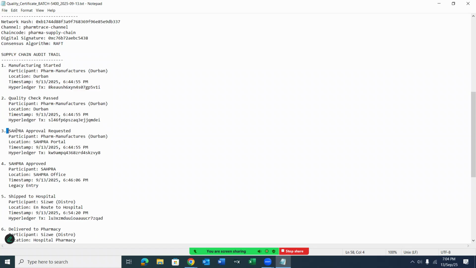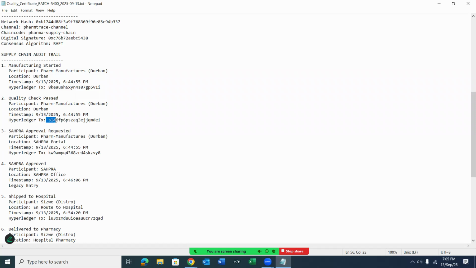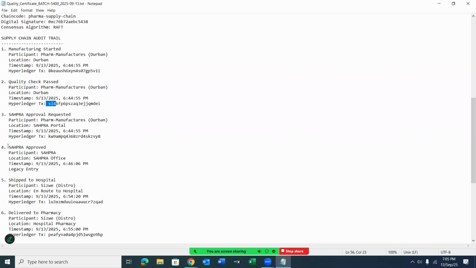Then step number 3, we have SAPRA approval requested. And then that information again is also hashed and compiled in that hash by the blockchain system. So meaning that this is the hash for this information, which also links back to this previous hash. And then now the next step, SAPRA approved the drug.